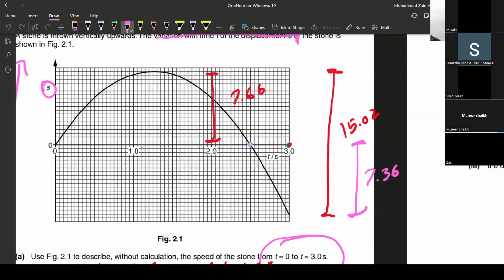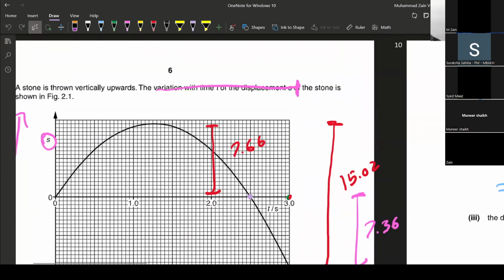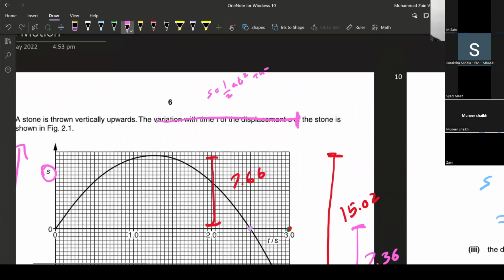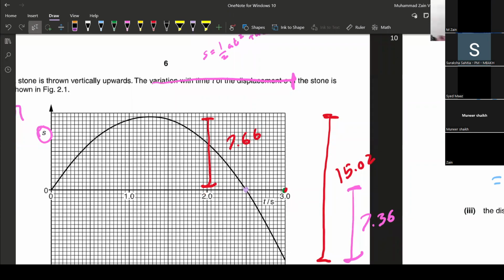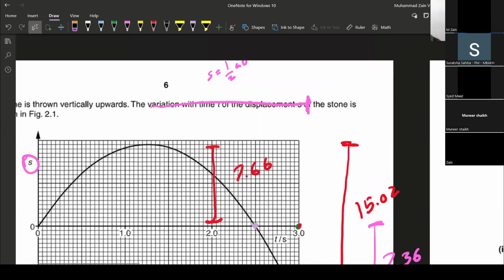For example, we have the equation s equals ut plus 1/2 at squared. Usually we write it as ut plus 1/2 at squared, but I just wrote it the other way. When we have these types of equations, they require some values from us.